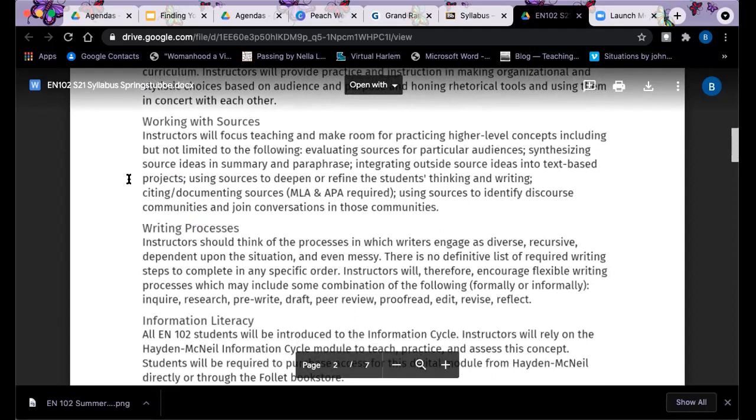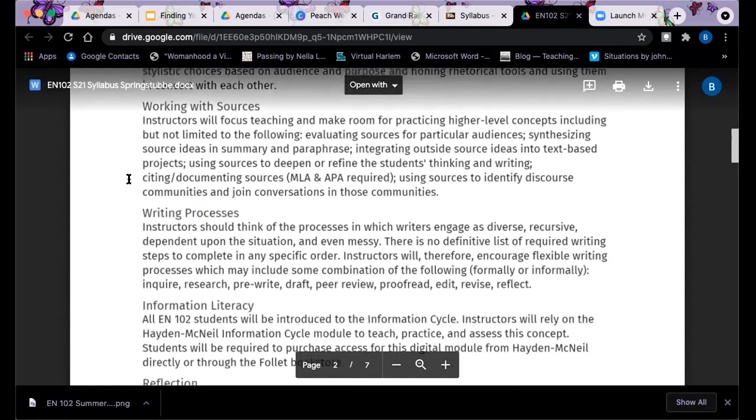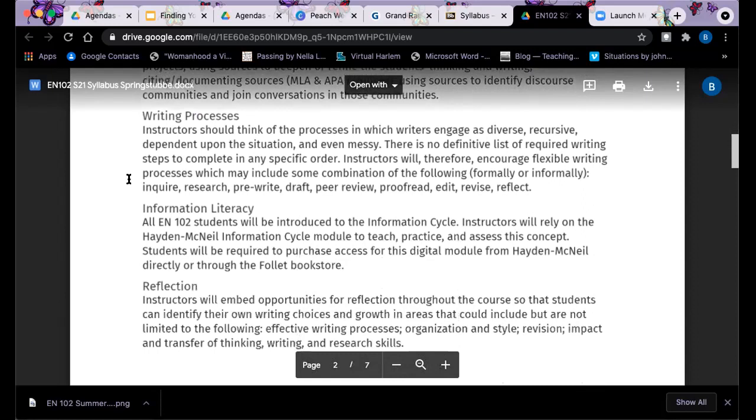You will be required to work in both APA and MLA formatting, documentation, formats. You'll be looking at various writing processes and working with various stages of writing, but not necessarily in a typical order that you might have been taught in the past.